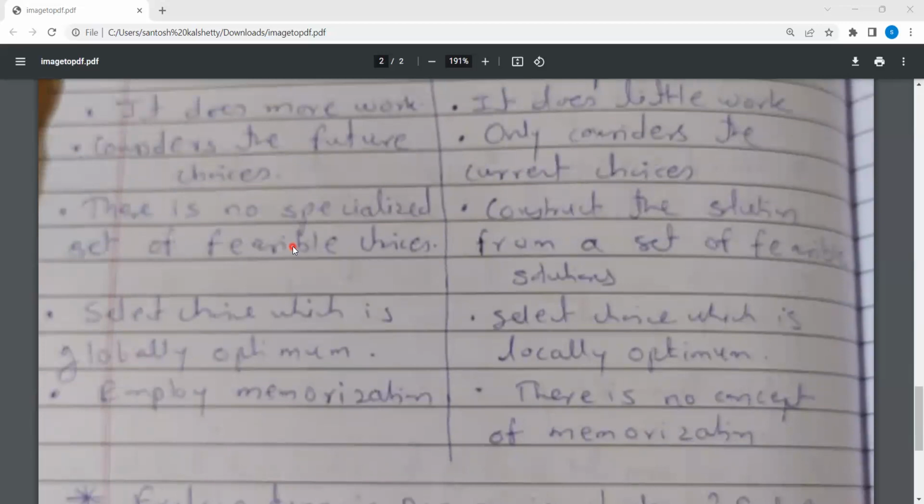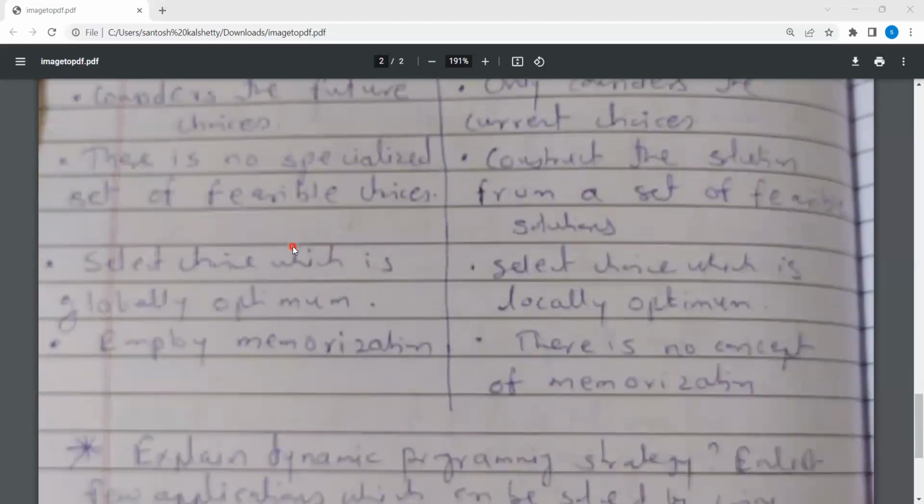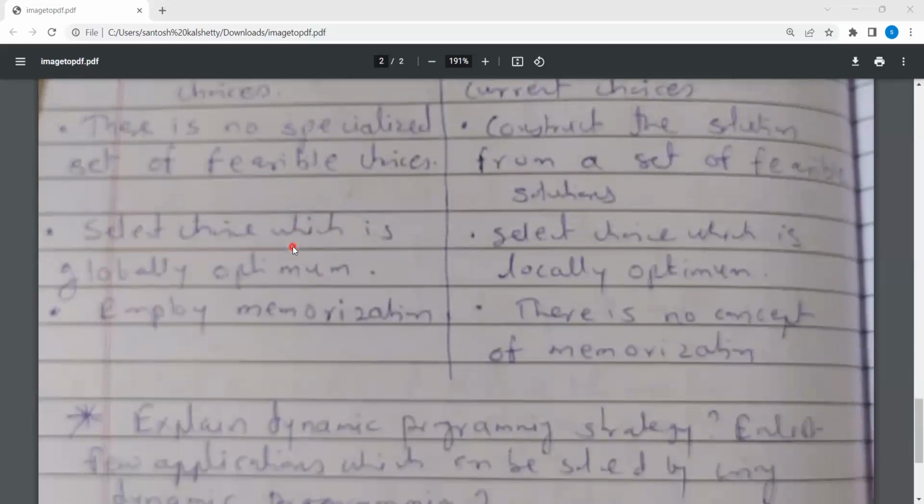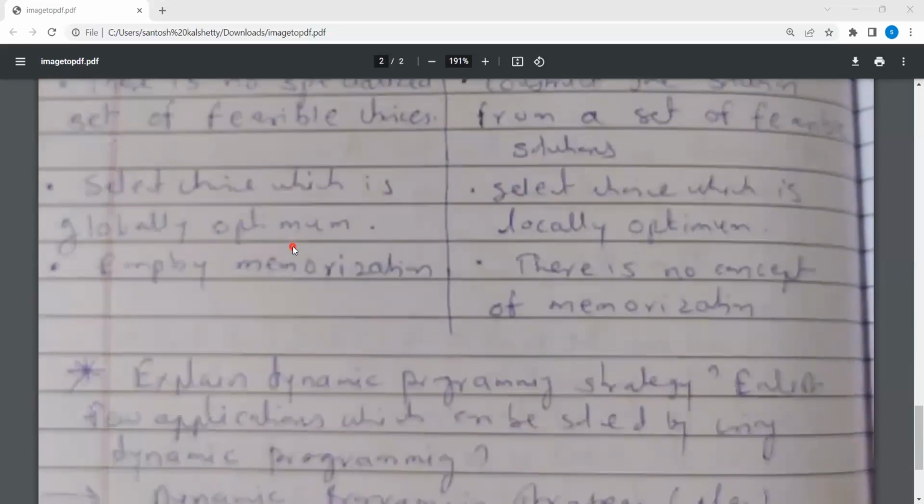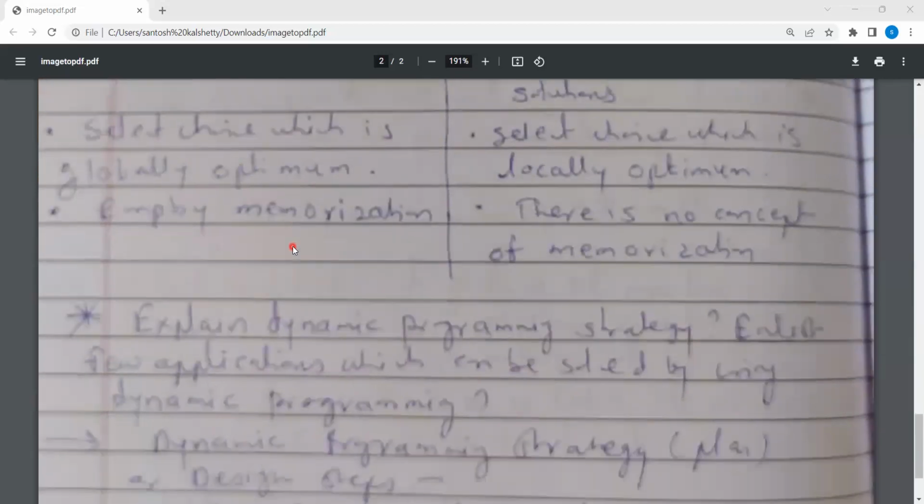Greedy constructs the solution from a set of feasible solutions. Dynamic programming selects the choice which is globally optimum, and greedy selects the choice which is locally optimum. Dynamic programming employs memoization, and there is no concept of memoization in greedy.